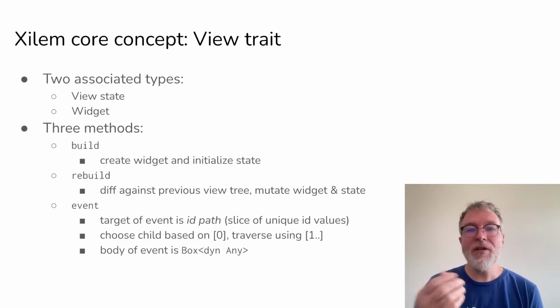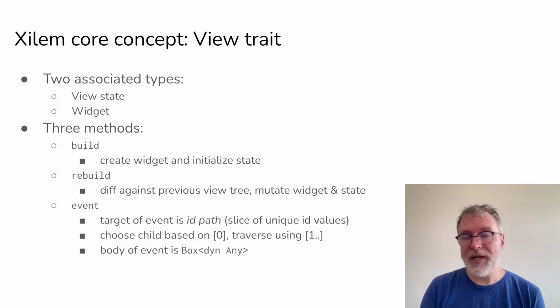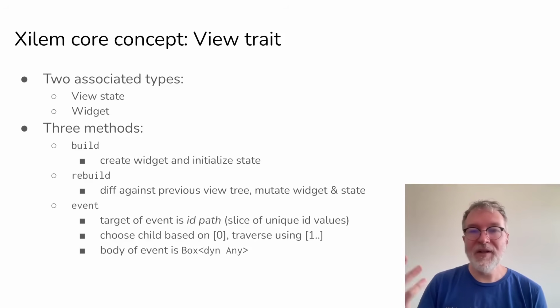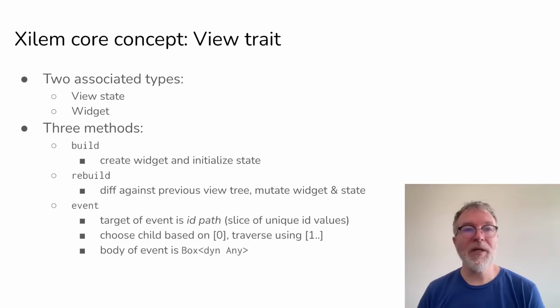The views in the view tree are very lightweight objects. They're really just simple value types. They're not doing anything complicated in terms of interfacing with a platform or doing graphics. What they do is create and update a widget tree. The widget tree is the one that's connected to the platform, accepting mouse and keyboard events, and drawing its appearance.